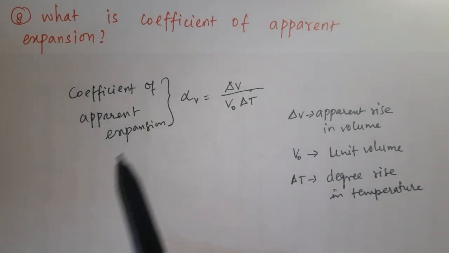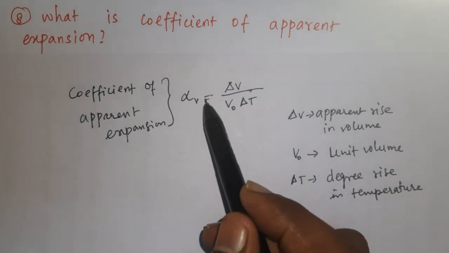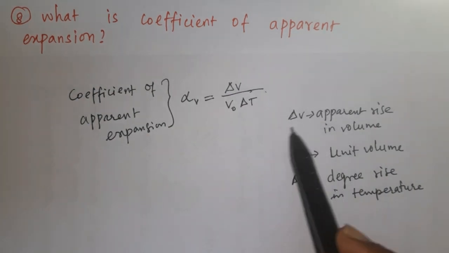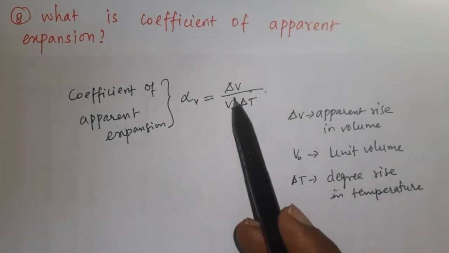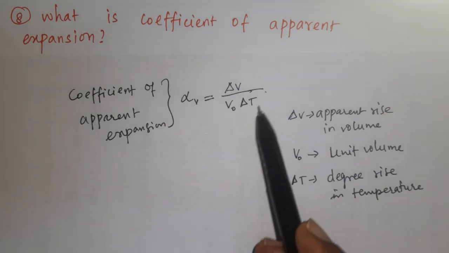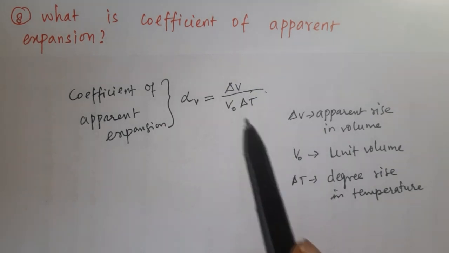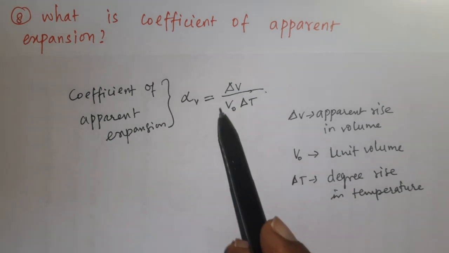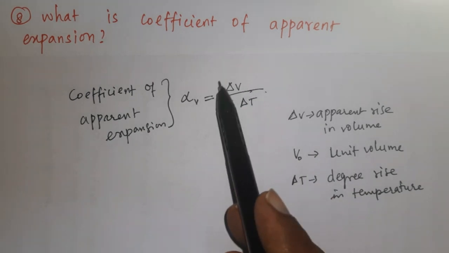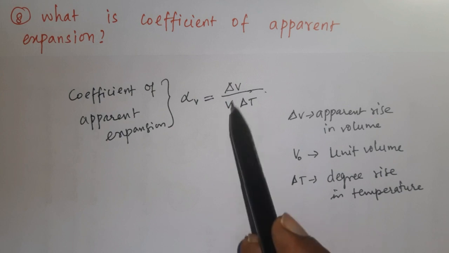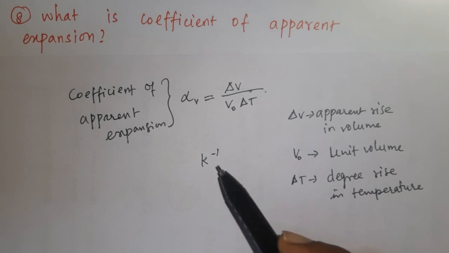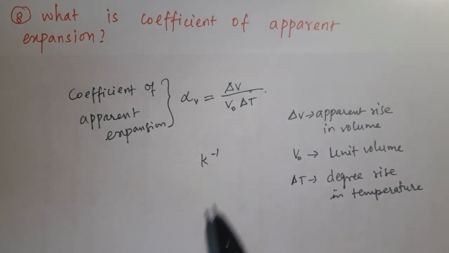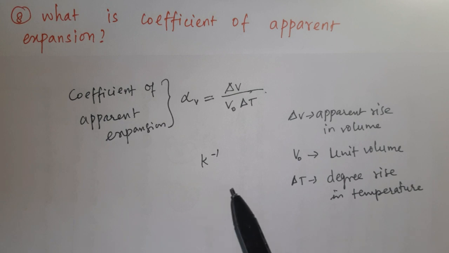Coefficient of apparent expansion is defined as the ratio of apparent rise in volume per degree rise in temperature to its unit volume. The unit of volume is meter cube, both will be cancelled. The unit of temperature is Kelvin, so Kelvin inverse. This is like true expansion, so instead of the word true, we are going to use the word apparent.